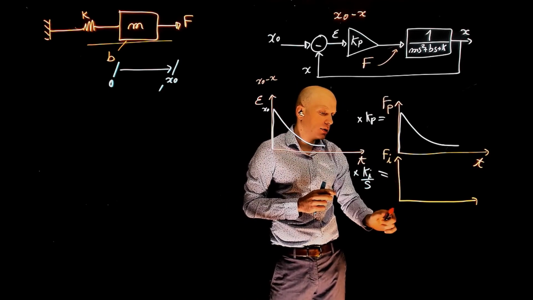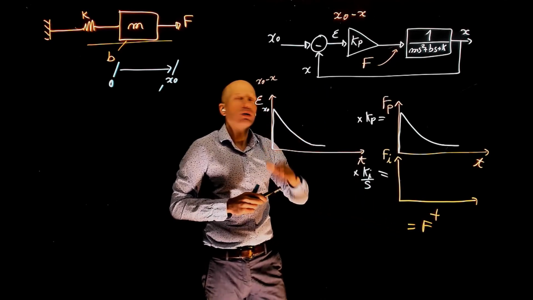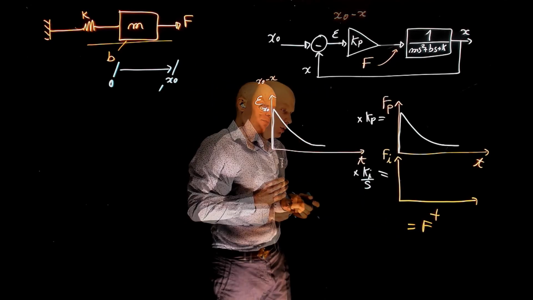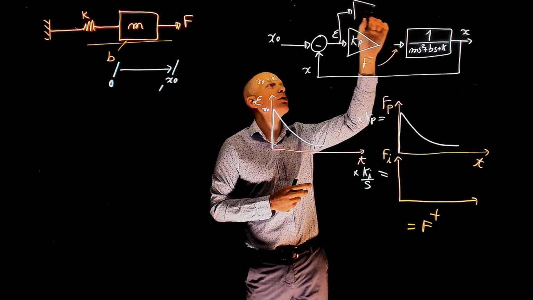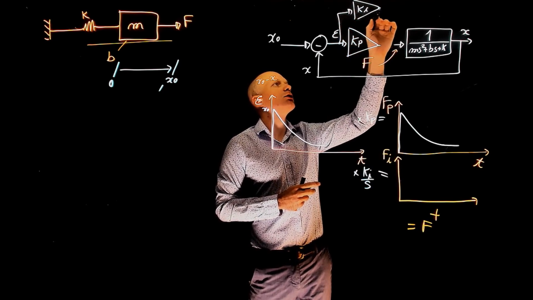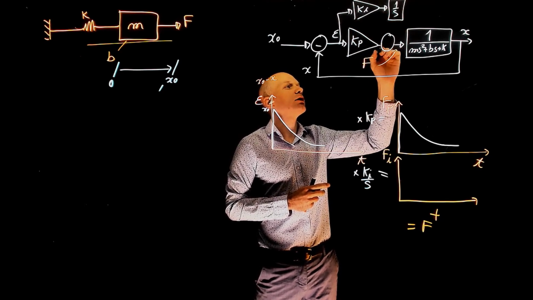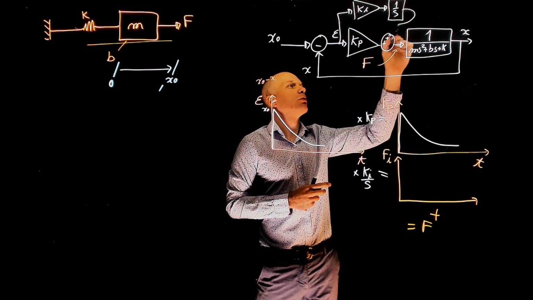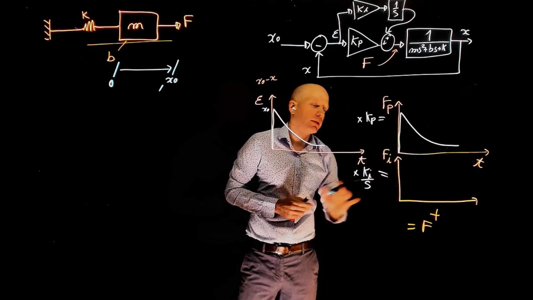And when you add these two up, this is the final force added or given to the mass. This implies that we need to modify the control scheme, have now the integral part, and add that to the proportional part like that. The force is now the output of that sum, which is this plus that.